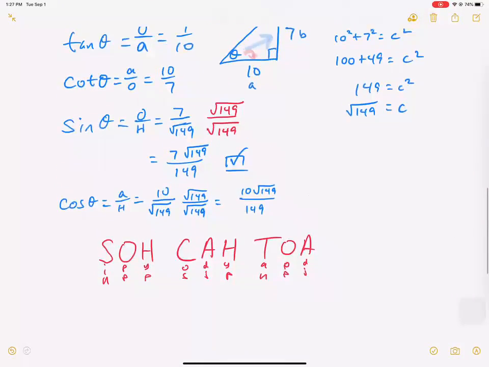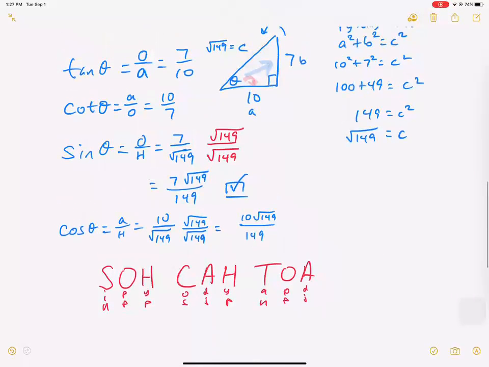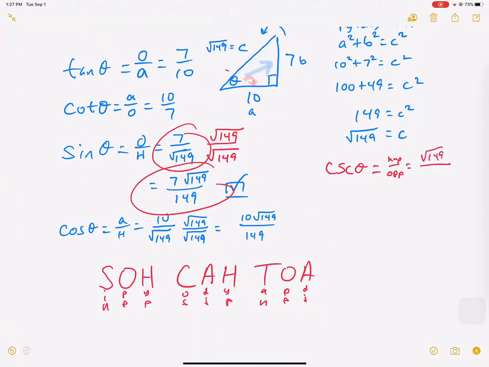Now, we want to look at the reciprocals though. Let's look at what is cosecant theta. We already wrote what it is here. It's hypotenuse over opposite. The hypotenuse is the square root of 149, and the opposite of angle theta is 7.